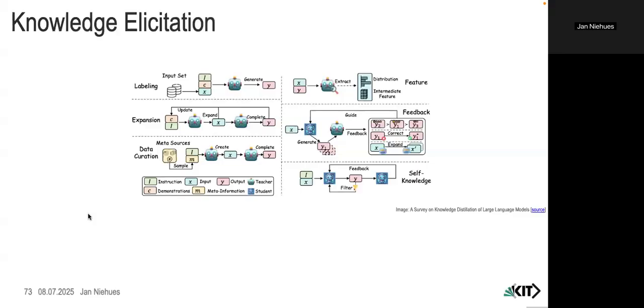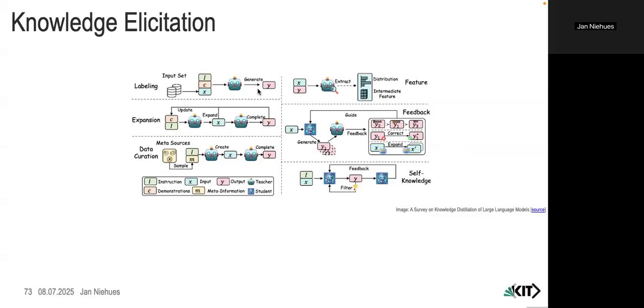For this, in an overview, you can summarize it into six possible ways of doing that. Some we have seen already, some are new because language models can add more things. So labeling is maybe the most standard way: you take your input, then you have some instructions and examples, and you use a strong teacher model to generate your labels. That's what we have seen before.